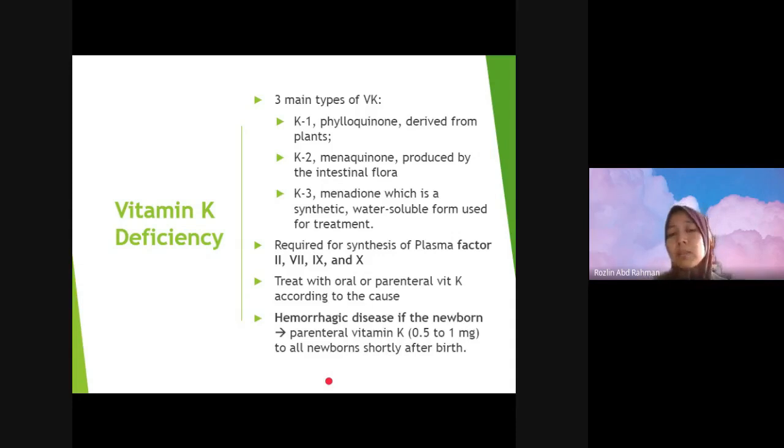So most babies are born with low storage of vitamin K in their system. So sebab tu bila baby lahir saja, kita akan bagi vitamin K injection sebab kita nak prevent this hemorrhagic disease of the newborn. Okay, so we give parenteral vitamin K. Baby lahir je kita cucuk dekat dia ni peha, kita bagi the vitamin K supplement.